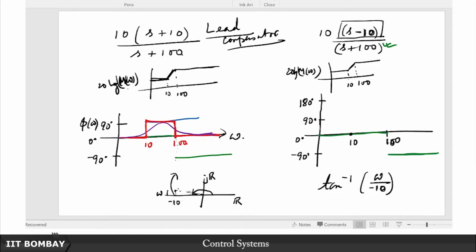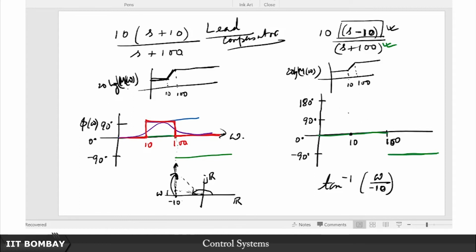Clockwise rotation means a reduction, and as omega tends to infinity, this phasor is proceeding in this direction, keeping this part fixed. So the angle starts from 180 degrees and gradually comes closer and closer to 90 degrees.